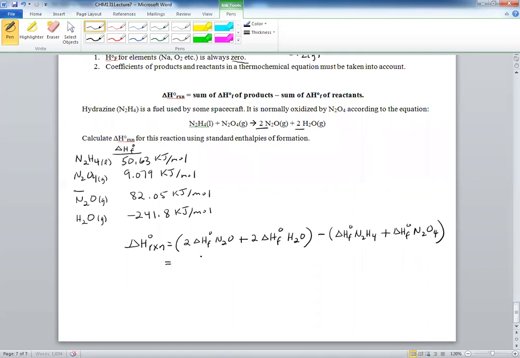And I just go ahead and plug in. So that's 2 times, for N2O, 82.05, plus 2 times negative 241.8 kilojoules per mole, minus 50.63 plus 9.079 kilojoules per mole.